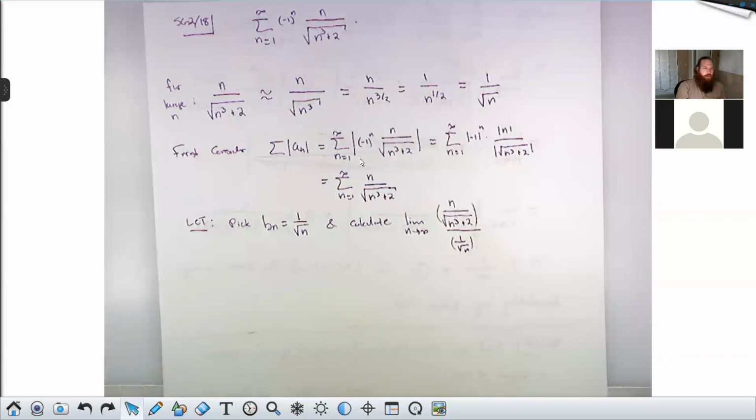Because the inequality points the wrong way for direct comparison. My guy, this thing, is a little bit smaller than this thing, not a little bit bigger. If this was a little bit bigger than this, then I could get the divergence of this series using DCT. But unfortunately, this is a little bit smaller than this. And being smaller than a guy whose sum diverges doesn't tell us anything.